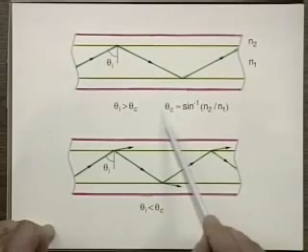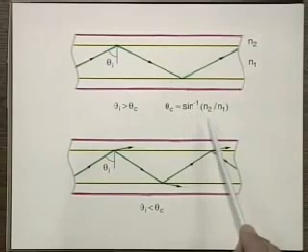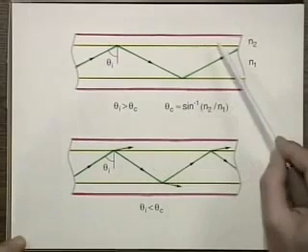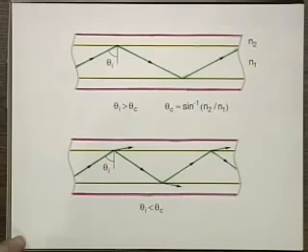And the critical angle is given, as we remember from high school, as sine to the -1 of N2 over N1, where N2 is the smaller index and N1 is the bigger one. If this angle of incidence is smaller than theta critical, then there will be some transmission of light, and not all the light will be reflected.